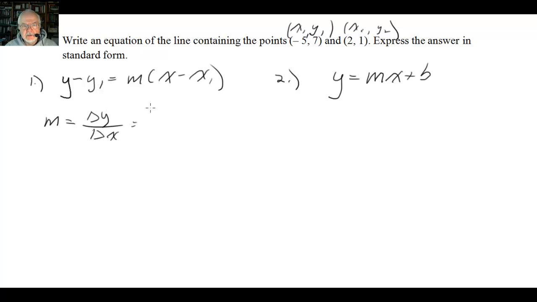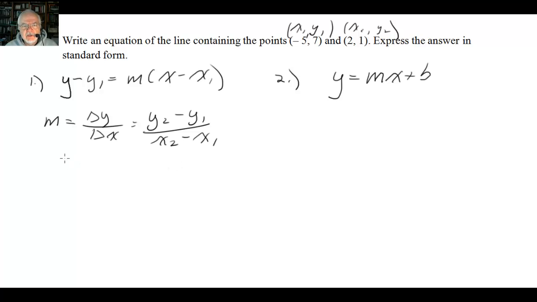And that, of course, is y2 minus y1 over x2 minus x1. A formula that you've retrieved from your eidetic memory, or you've taken from a cheat sheet, or pulled out of a book somewhere, which is usually what happens in the real world.